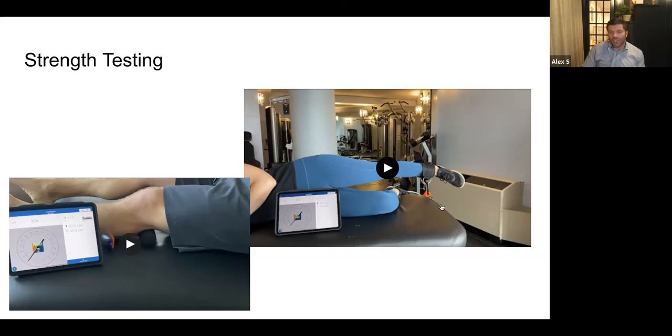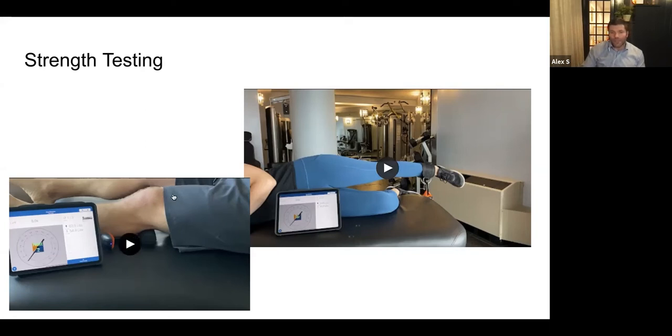Again, what's important to see here is that you're not reinventing the wheel on how to test hip abduction. We're just adding an objective measurement to it, while you as the clinician, whether supine or side lying, are still observing their ability to do the appropriate motion, whether they're falling into hip flexion, or whether they're able to rotate slightly to get the glute med, however you want to do it.